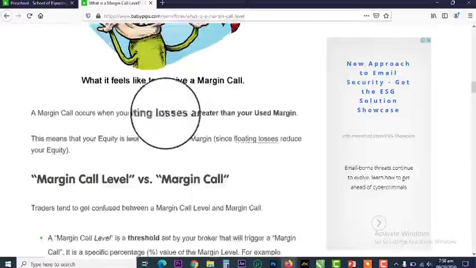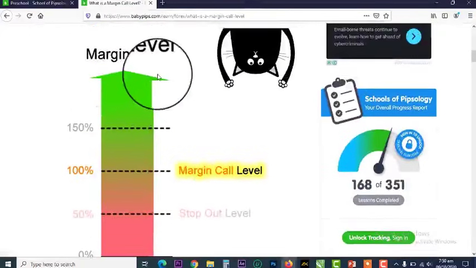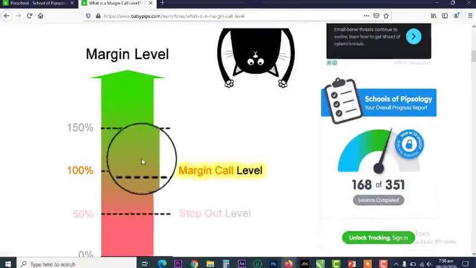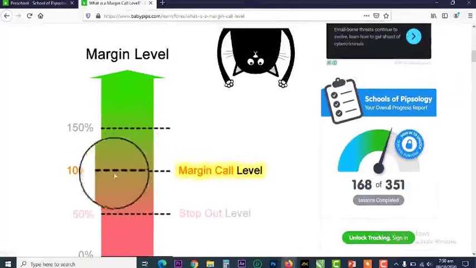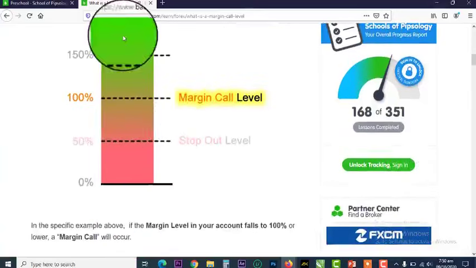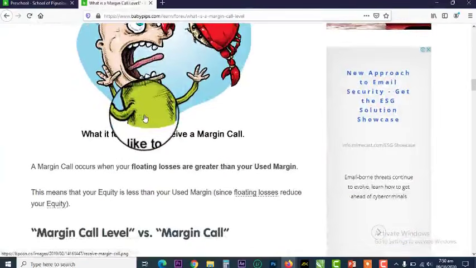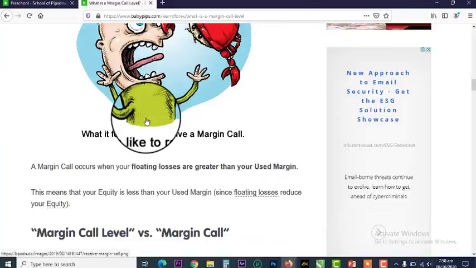And when does a margin call actually occur? That is when your margin level has dropped greatly. So at a 100% level, they might give you a call, and at 50% they stop you out of all your trades, right? This happens. However, will your broker actually call you in 2020 and henceforth?